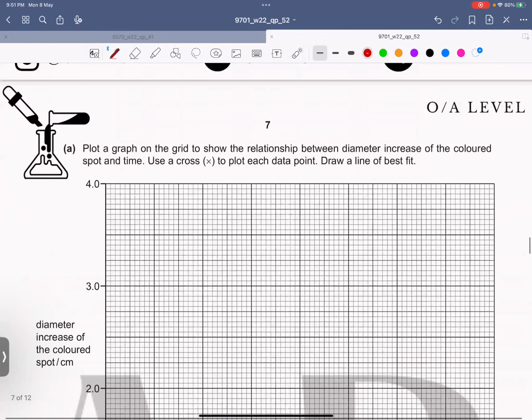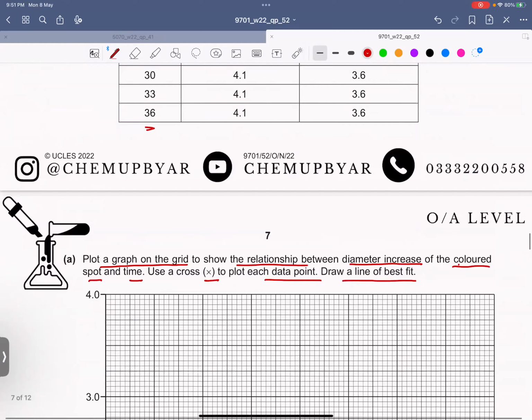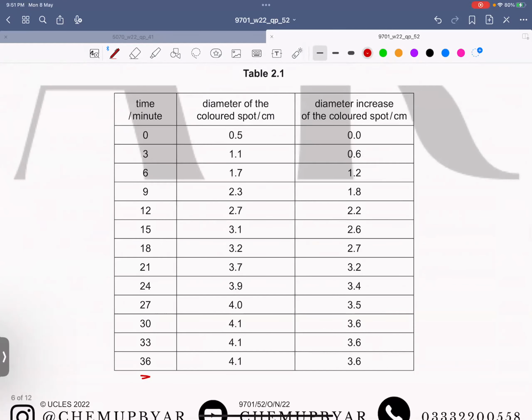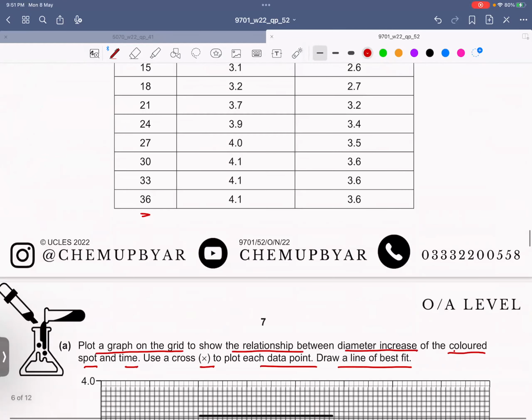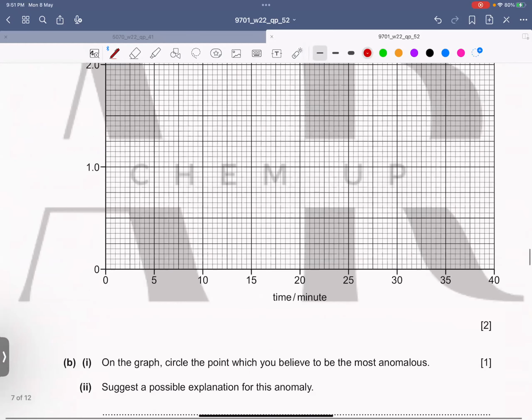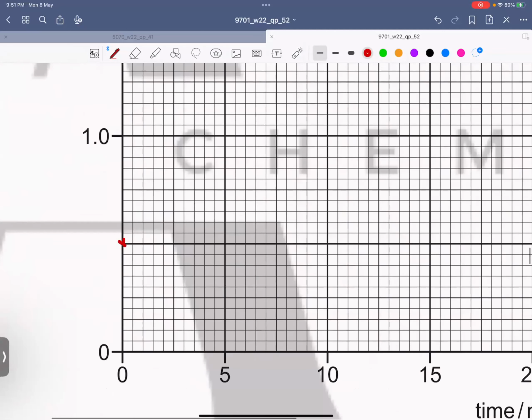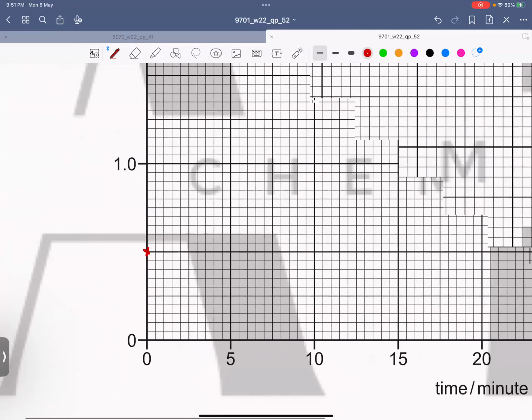Now, what they are asking you: plot a graph on the grid to show the relationship between the diameter increase of the colored spot and time, use a cross to plot each data point, and draw a line of best fit. Okay. So at time 0, the diameter is 0.5. Here we have the diameter and here we have the time. So at 0, it's 0.5, so I would put a cross over here.